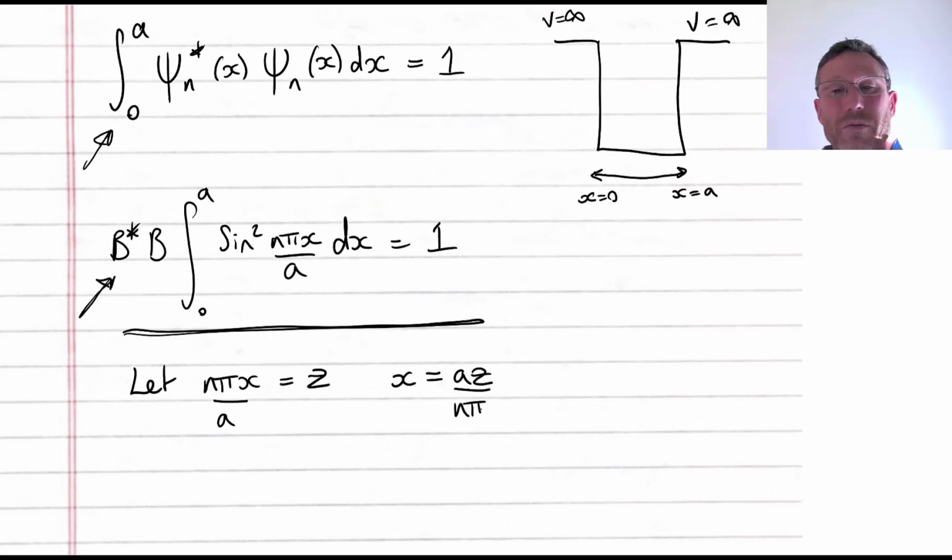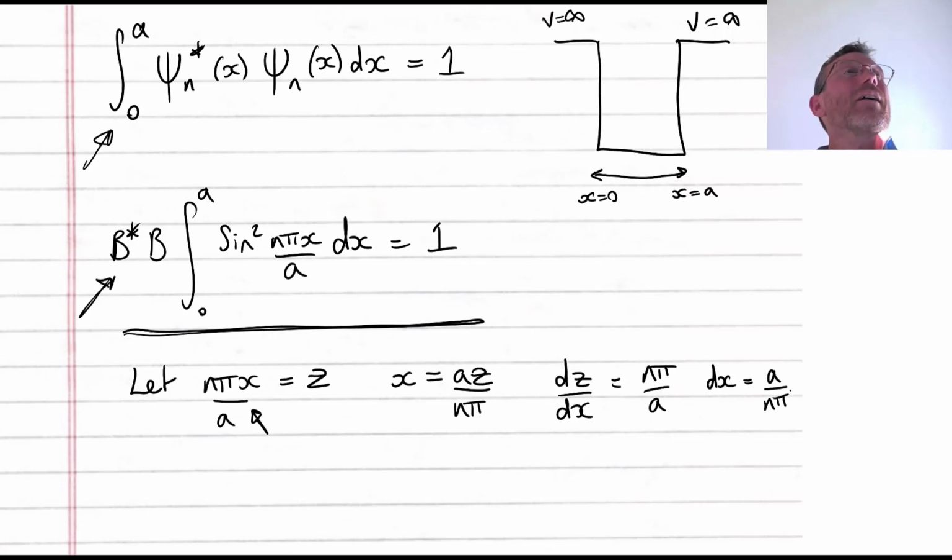We can also write down dz by dx, just taking the derivative of the expression on the left hand side, so that ends up being equal to n pi over a. So of course that means that dx is equal to a over n pi dz. That'll become important because later we're going to substitute for dx in our integral up here.